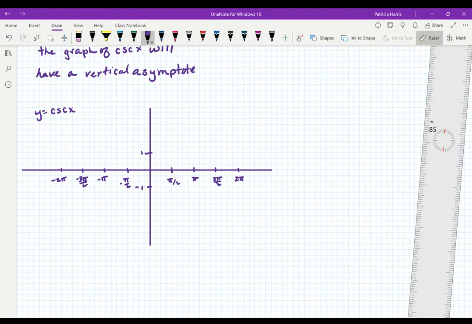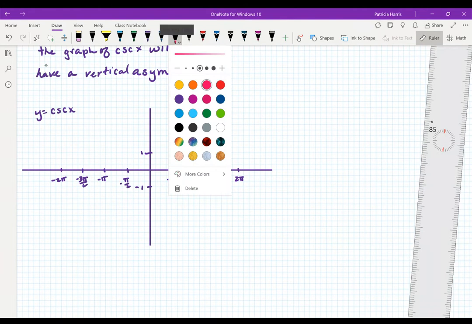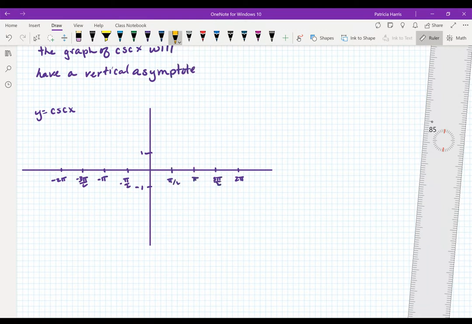You can use any color that you wish. I'm going to use kind of an orangey or yellow color. So let's start with sine. Okay, so we're going to go up.